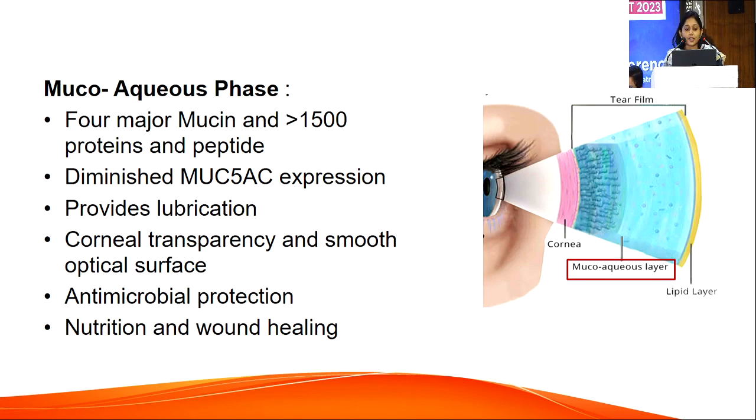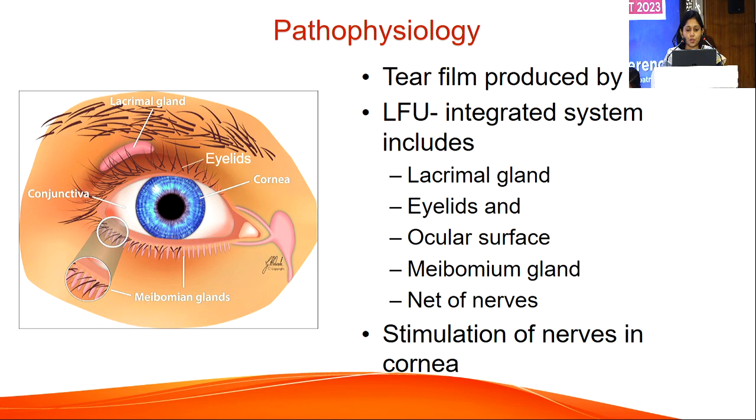The mucoaqueous phase consists of 4 major types of mucin and more than 1500 proteins and peptides. Of the 4 major mucins, MUC5AC expression is the most important and is usually depressed in all types of dry eye disease. The tear film provides lubrication, is important for corneal transparency and a smooth optical surface, provides antimicrobial protection, and helps in nutrition and wound healing.